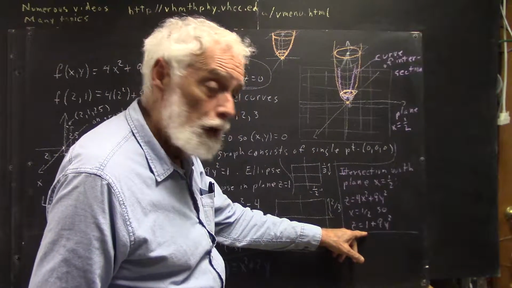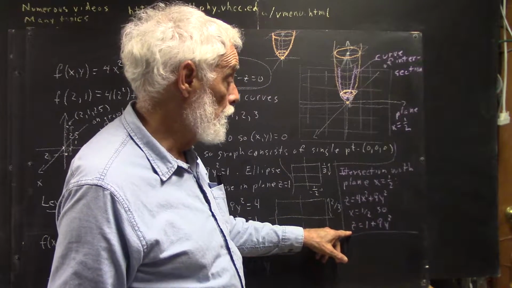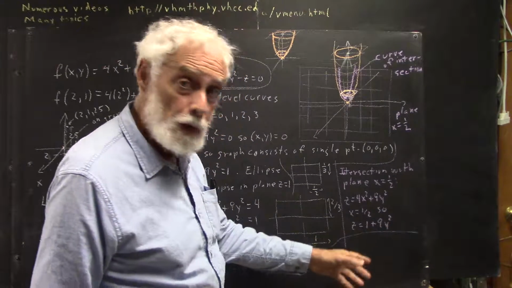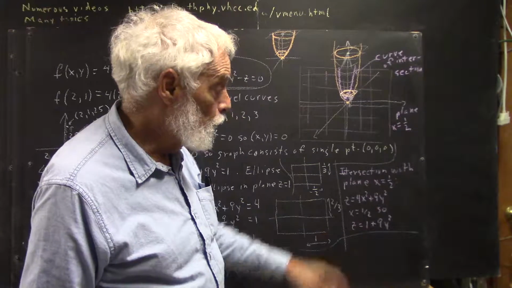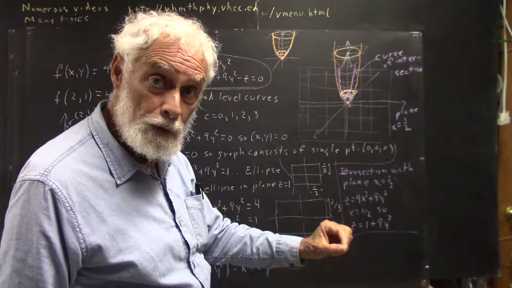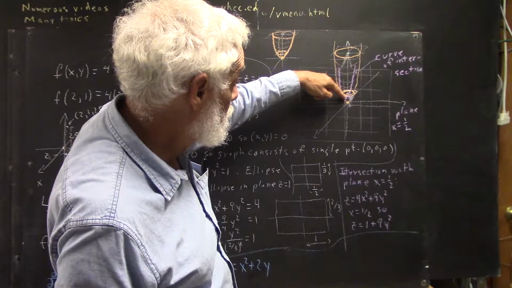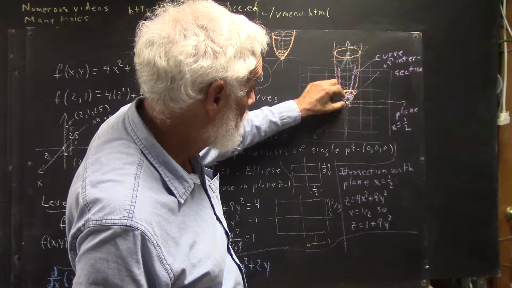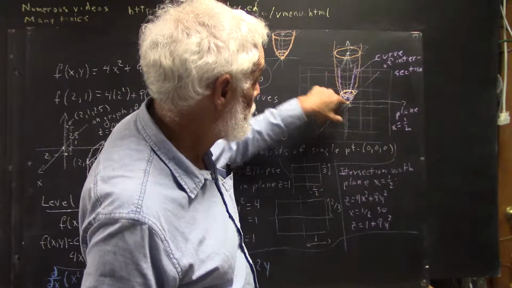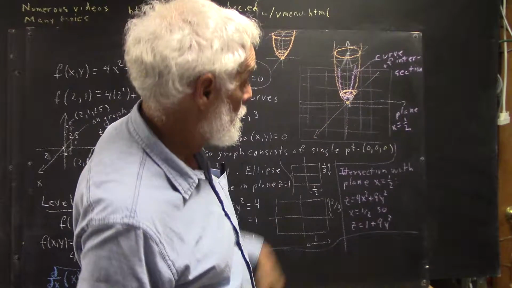And if we add 1, then z gets 1 larger, so that the vertex, which before we add the 1 would be at the origin, goes 1 unit up in the z direction. And we have the curve that looks like this, 1 unit higher than the xy plane, and a parabola.